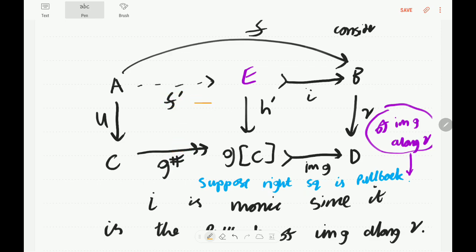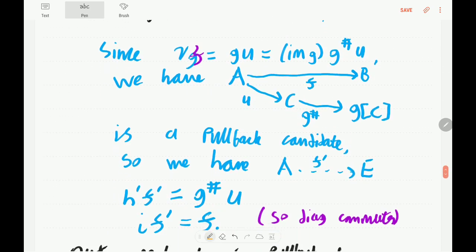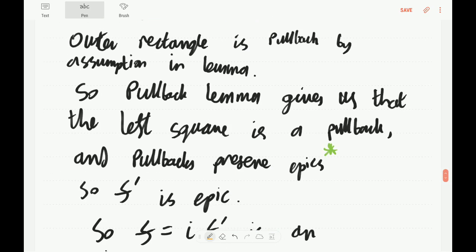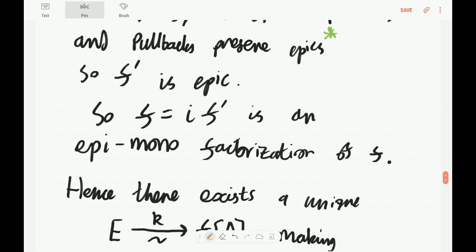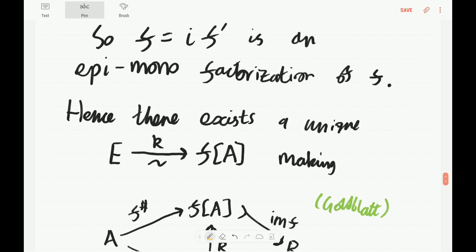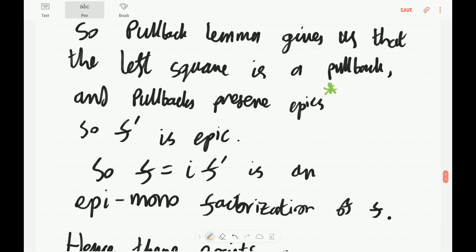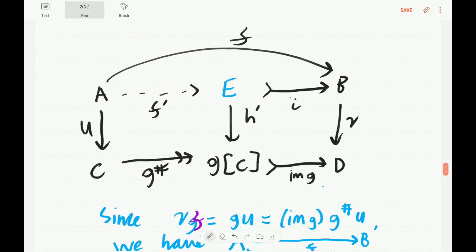So that means that F dash here is an epic. So we have that F dash is an epic.